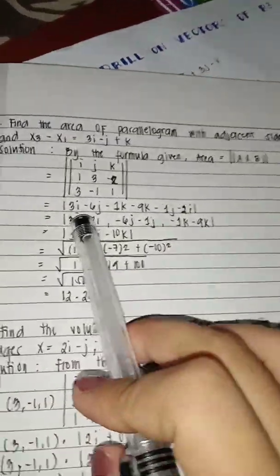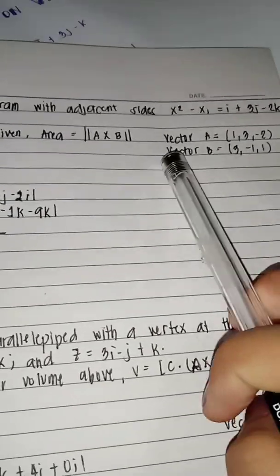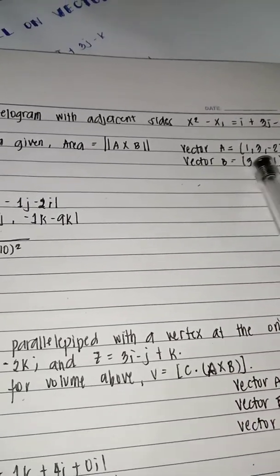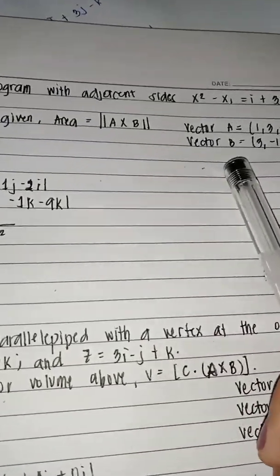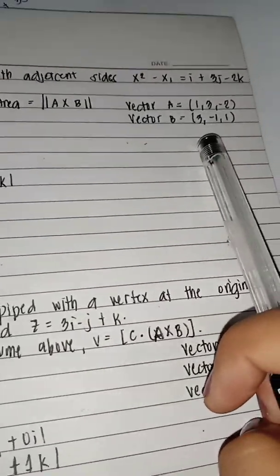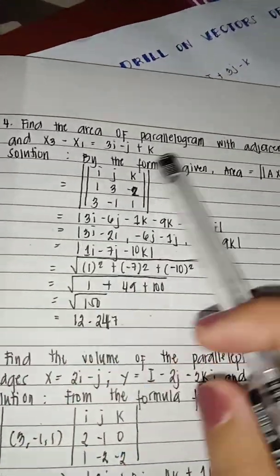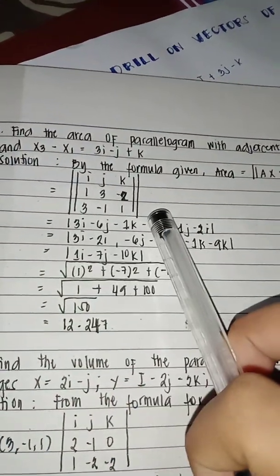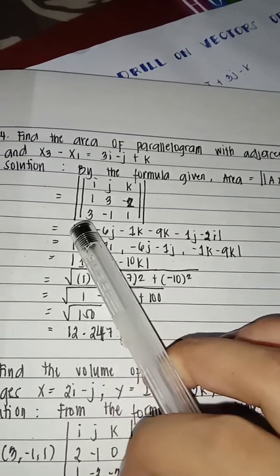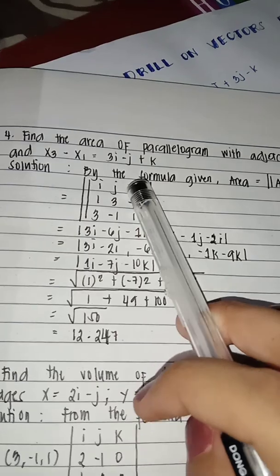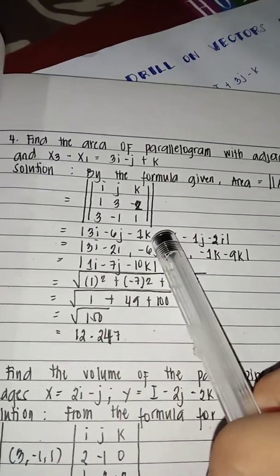To compute A cross B, since vector A is 1, 3, negative 2 and vector B is 3, negative 1, and 1, we put these values in. So i times 3 times 1 is equal to 3i. j times negative 2 times 3 is equal to negative 6j. k times negative 1 times 1 is equal to negative 1k.